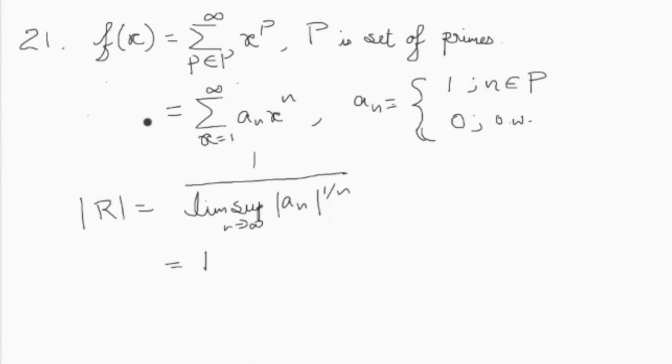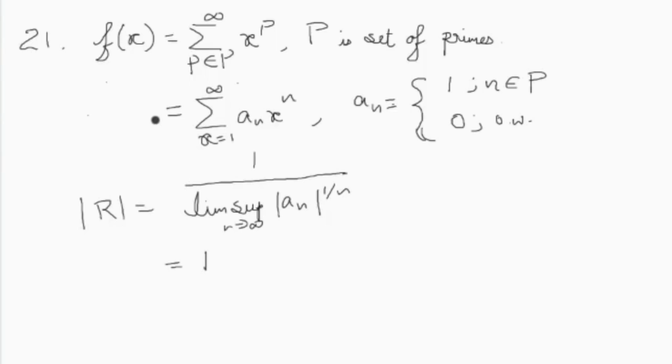So when we have a power series of this form, we can obtain the radius of convergence, r, by the formula: modulus of r is equal to 1 by limit superior as n tends to infinity of mod a_n to the power 1 by n, which is the Cauchy form.